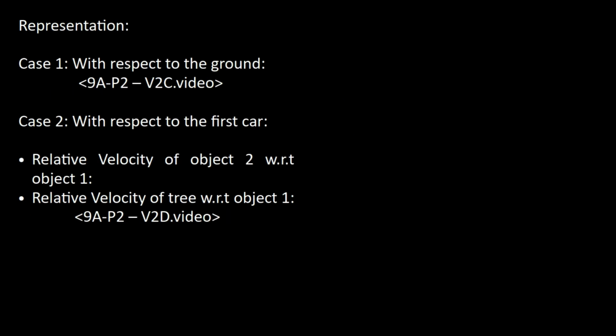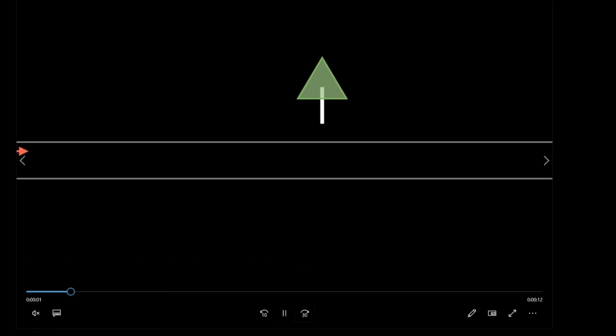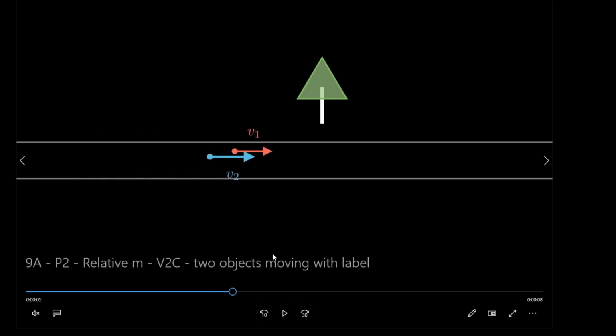So we have, see, one minute. This is it. So this is how you generally represent: velocity of the car is v1, velocity of the second car is v2, and that of the tree is say vt, which is 0. So this is how you generally represent.